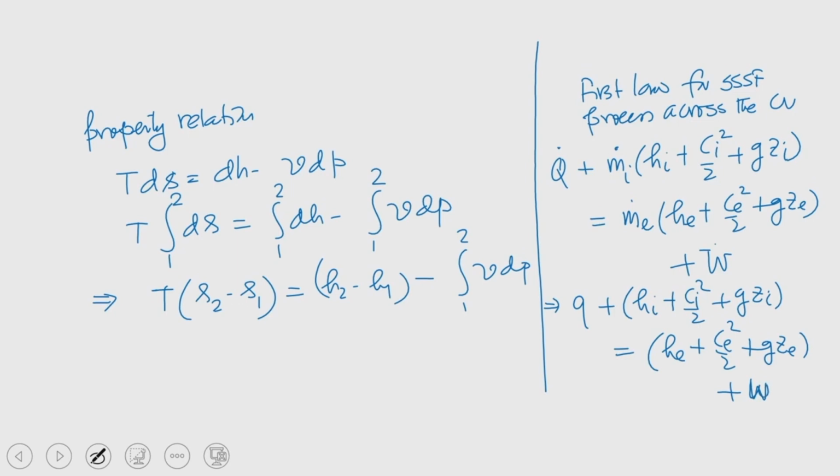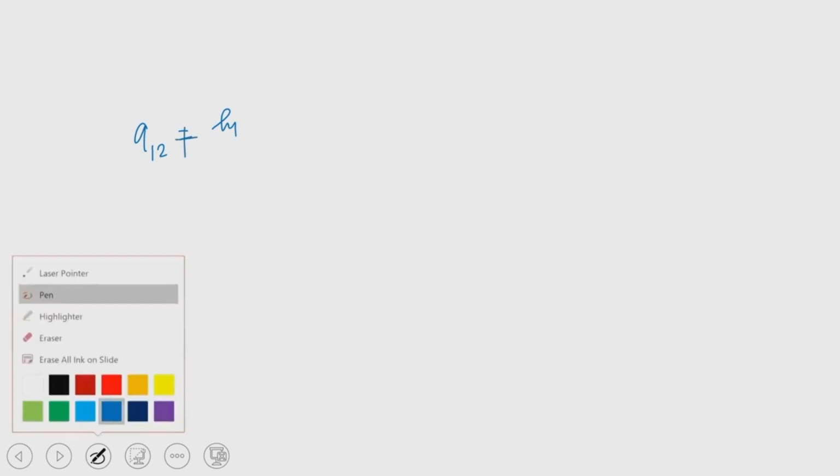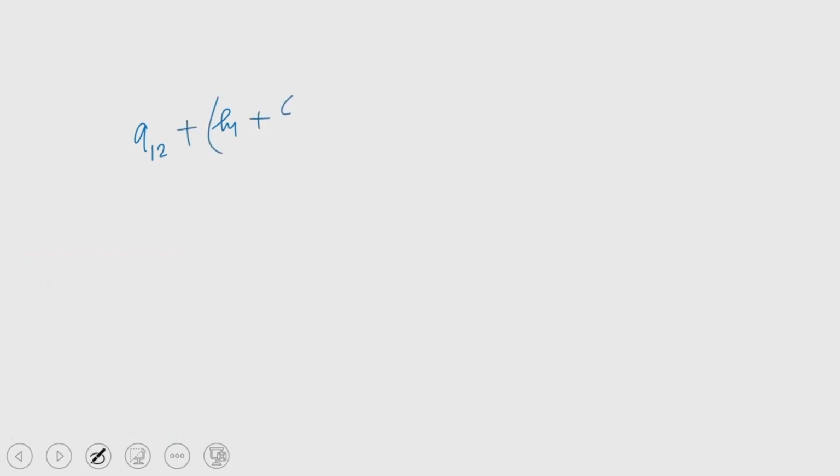Maybe this is the generic expression, if the control volume is changing its state from 1 to 2, we can write q1 to 2 plus h1 plus c1 square by 2 plus gz1 equal to w1 to 2 plus h2 plus c2 square by 2 plus gz2.